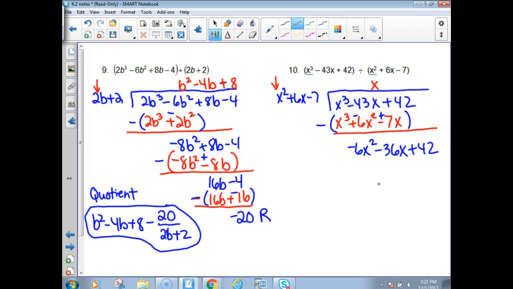Okay, time to start again. Negative 6x squared divided by x squared would be negative 6. Now multiply this whole trinomial by negative 6. We get negative 6x squared minus 36x plus 42. And since we're subtracting the exact same thing, we end up with 0.